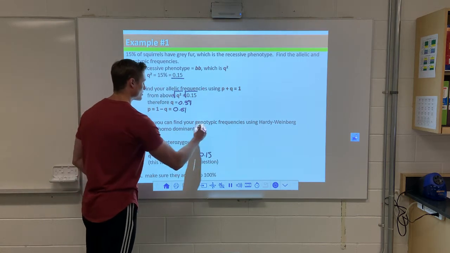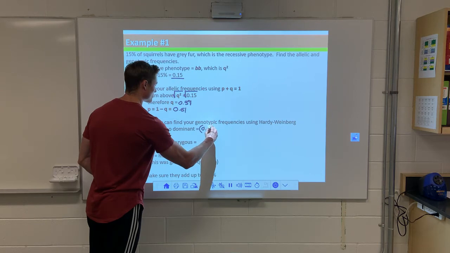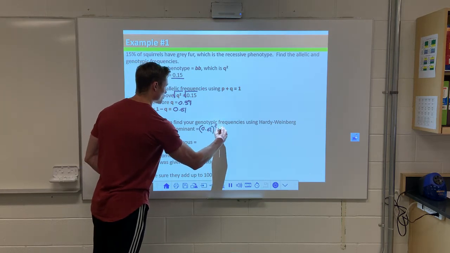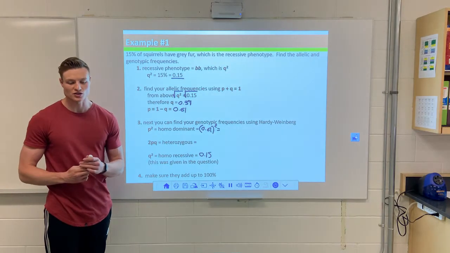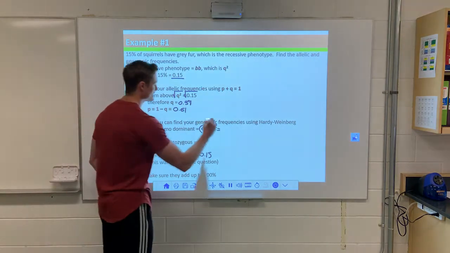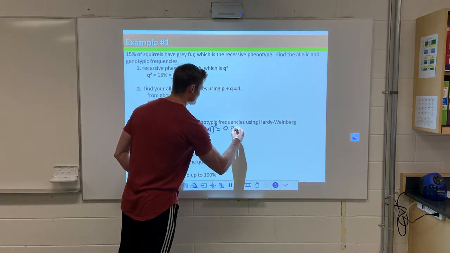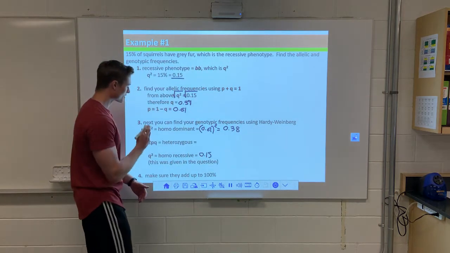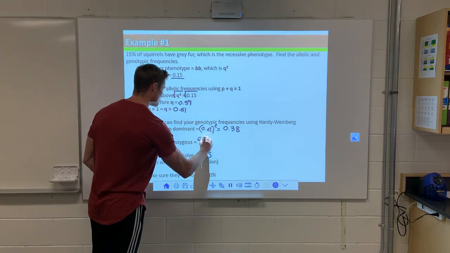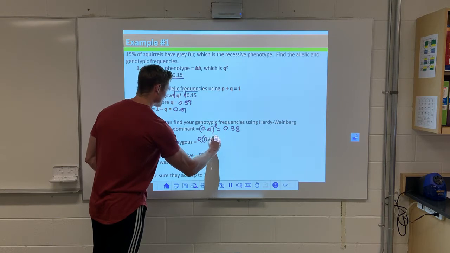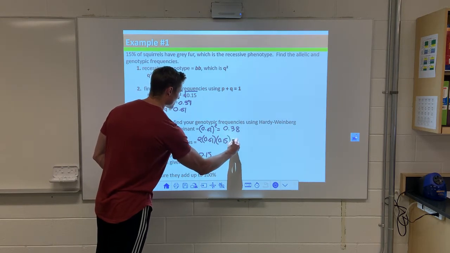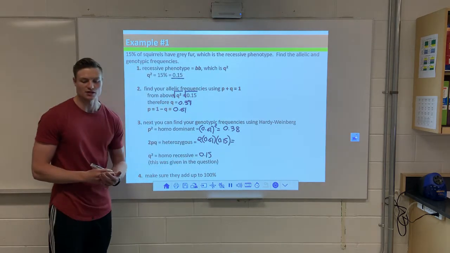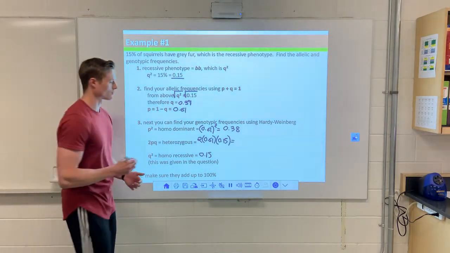P squared, we're simply going to take 0.61. We're going to square that, which will give us our p squared, which is going to be 0.38. And finally, 2pq, we're going to take 2 multiplied by p multiplied by q, which will give us our heterozygous frequency, which is going to be 0.47.